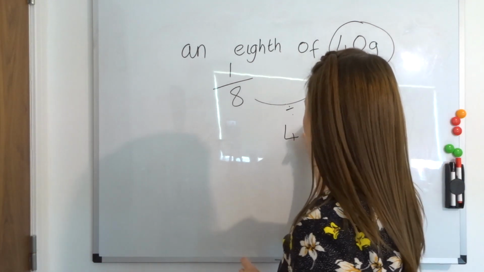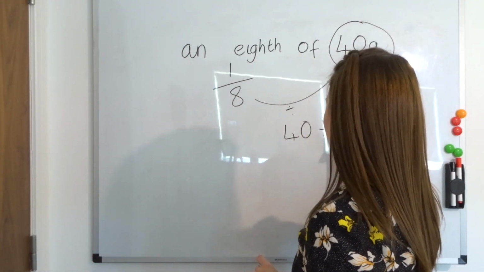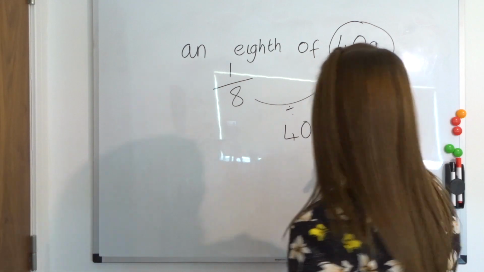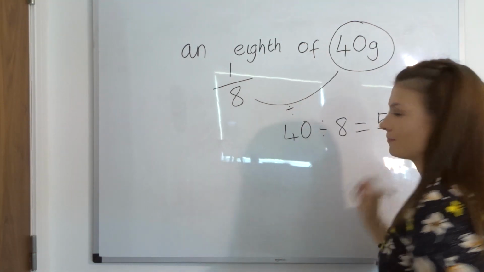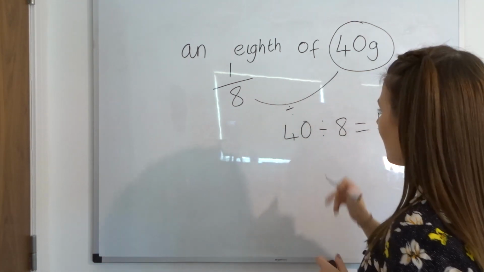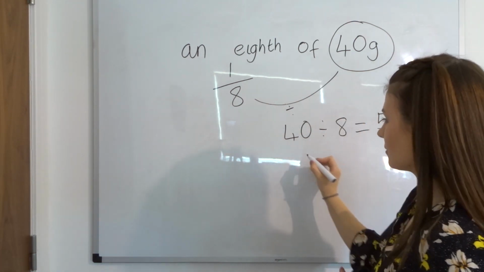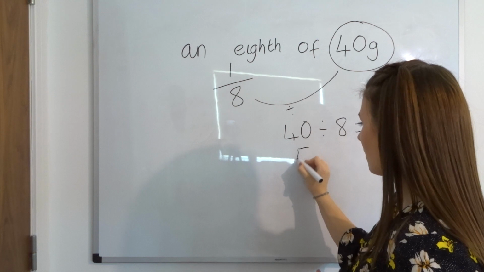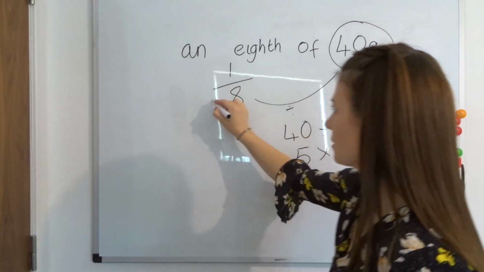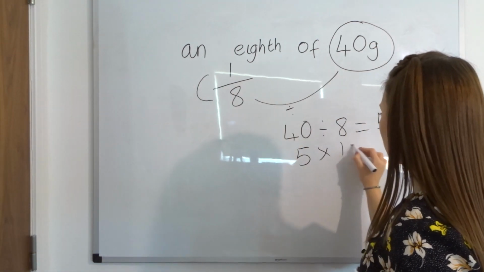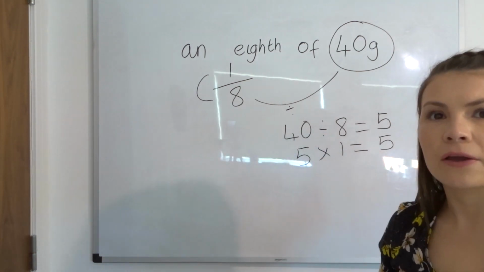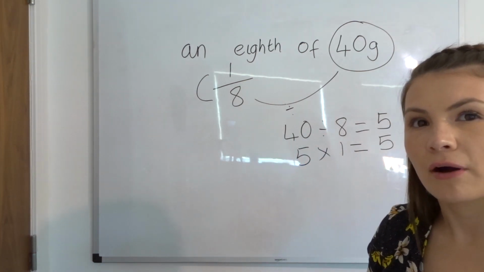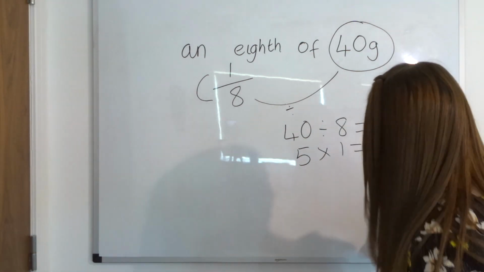Well done. And then we need to times it by the top. So 5 times 1 equals 5. 5 what though? Grams. Good.